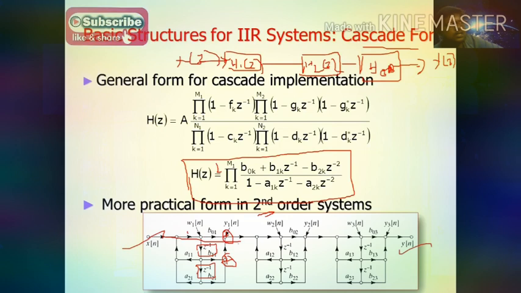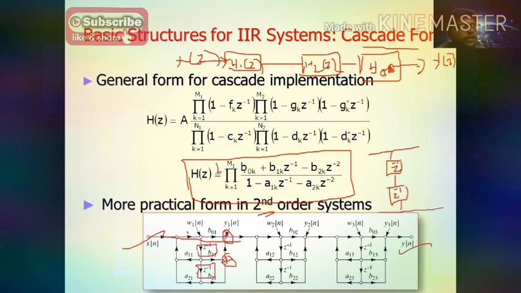Okay. So this is the easiest way to construct any cascade form structure. You see, you just draw one single straight line, and the middle part you draw. Depending upon the delay elements, you add boxes. Here, for a second order, add 2 delay elements, z inverse and one more z inverse. Okay, so I connect like this, right?